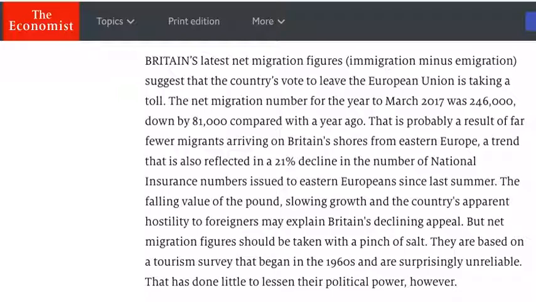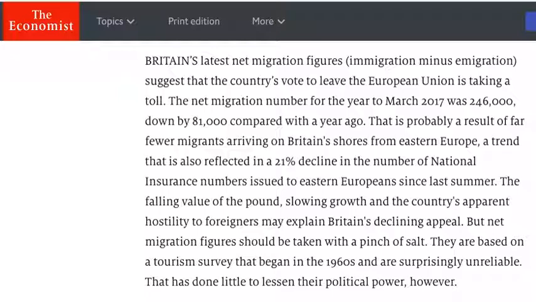In IELTS, you don't do this. You just simply talk about the numbers. You describe the numbers. You don't explain why. However, in this example, you can look closely at the grammar and the expressions that are used.